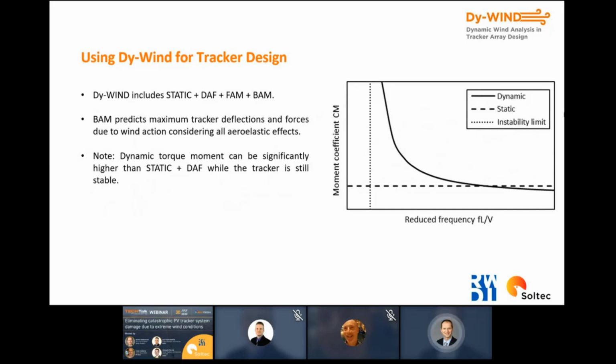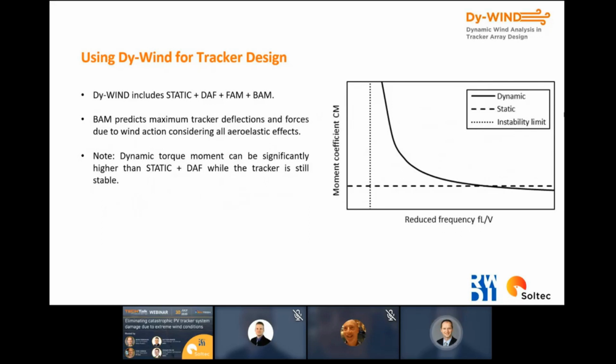On the left side of the vertical dotted line, the design is not feasible because all trackers with these properties would be unstable. The horizontal dashed line is the static moment coefficient that does not depend on the reduced frequency. That's why it's a constant value.